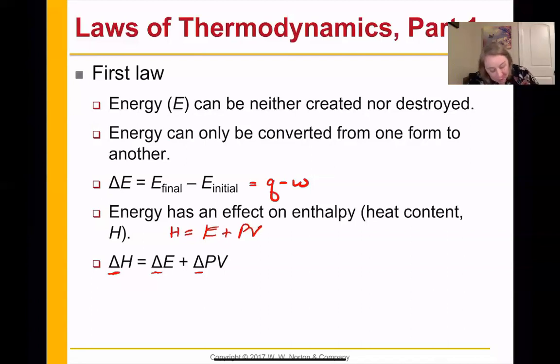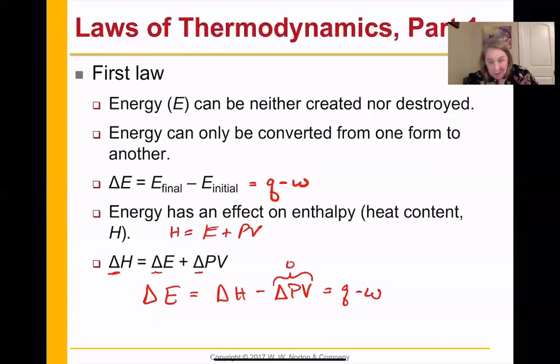So if we combine these, right, delta E is equal to delta H minus our change in pressure times volume, right? But another way to say that is also Q minus W. Well, we know that this is basically going to be 0 right here. And we also know that our work here is 0.